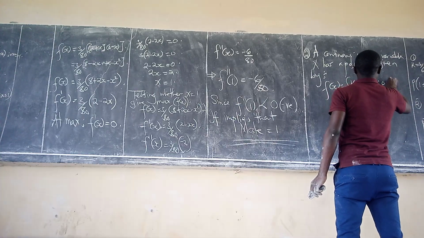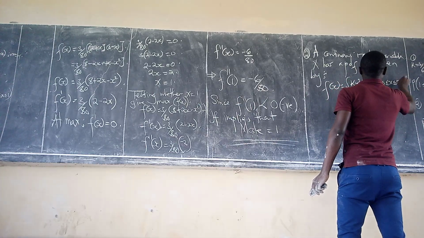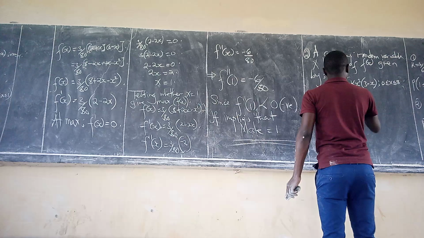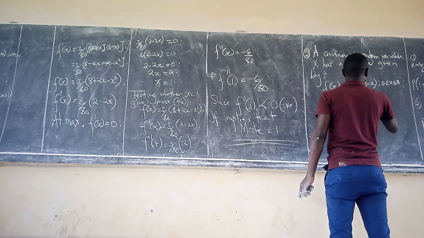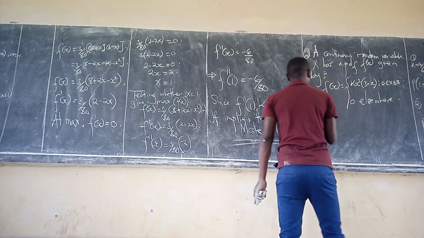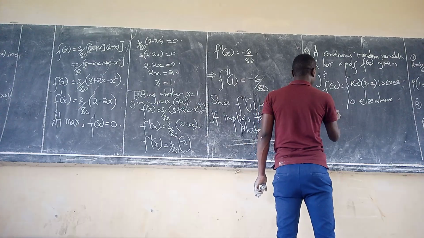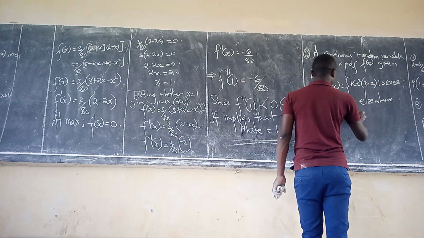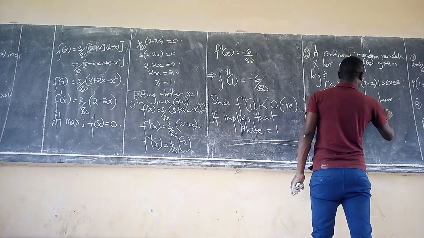This is when x lies between 0 and 3, and it is 0 elsewhere, where k is a constant.